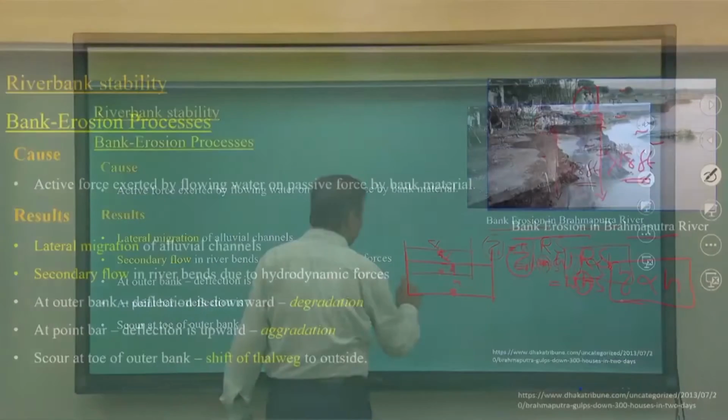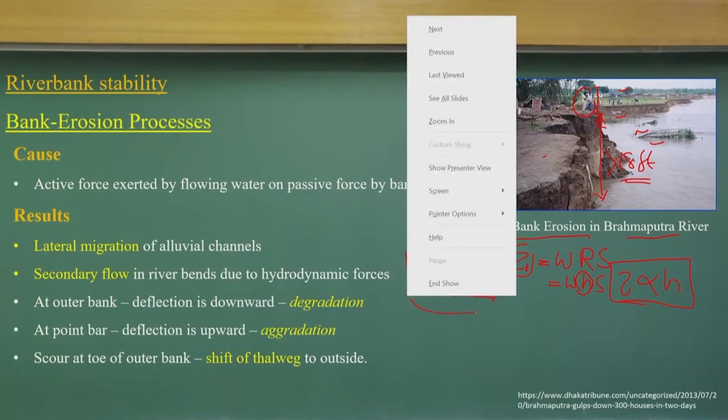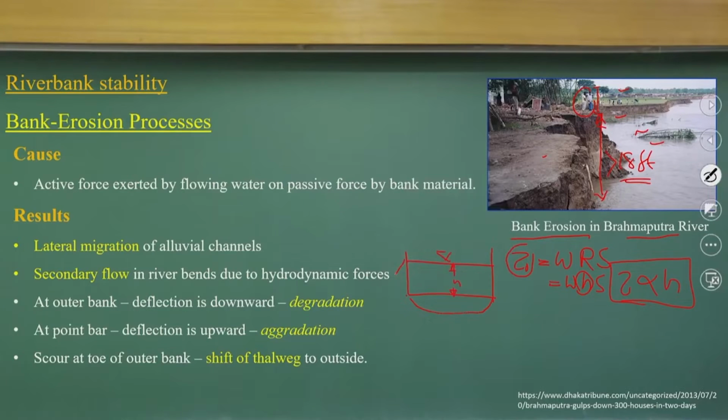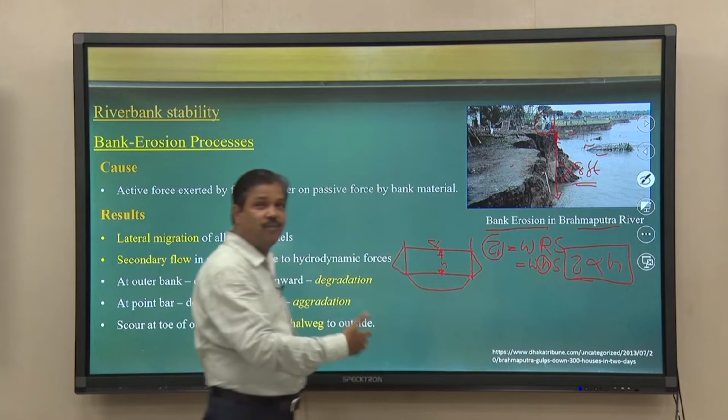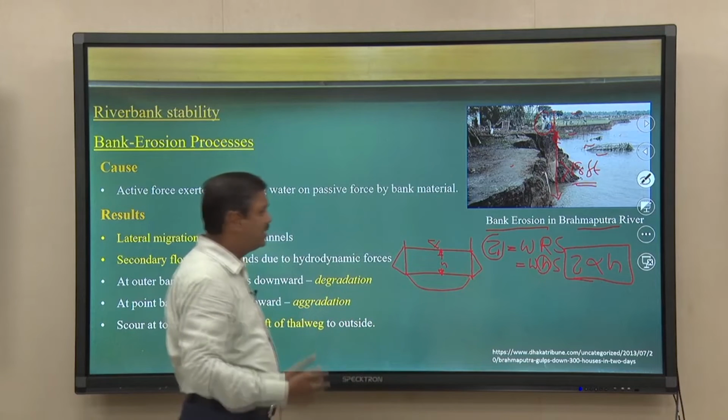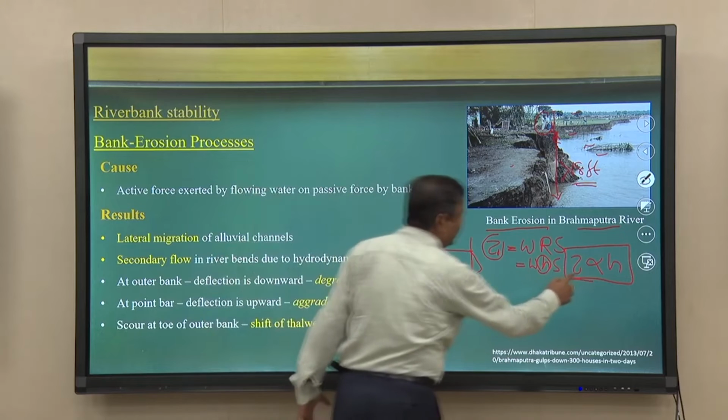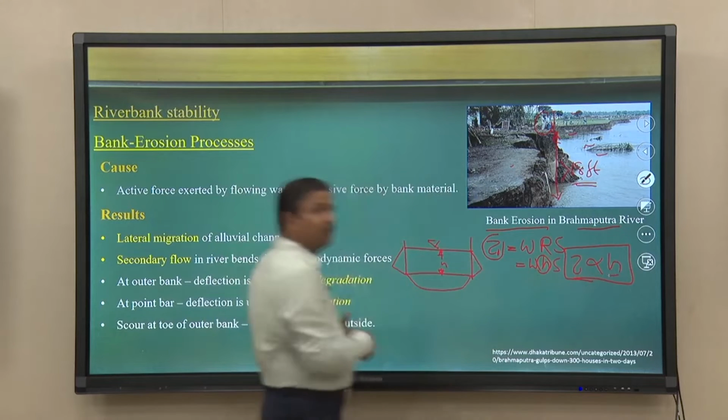But if you try to look at how the shear stress distribution happens, you get a shear stress distribution something like this. There is shear stress acting because of the flow and the turbulence behaviors. We know this is the average applied force per unit area, which is proportional to the flow depth.